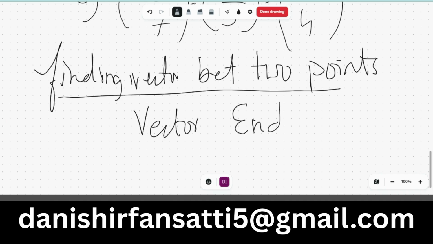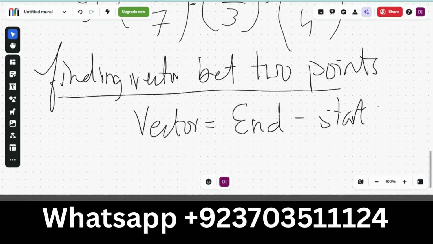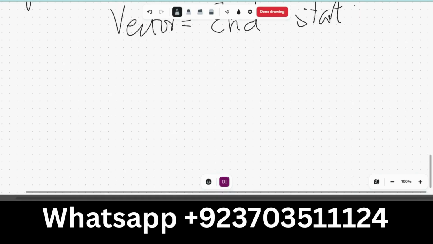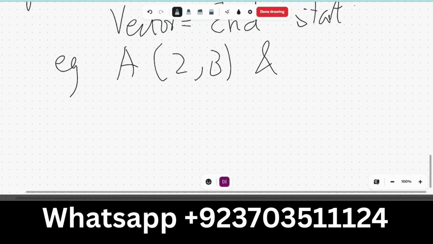We have to subtract the start vector from the end vector. For example, A is 2 comma 3 and B is 8 comma 10.